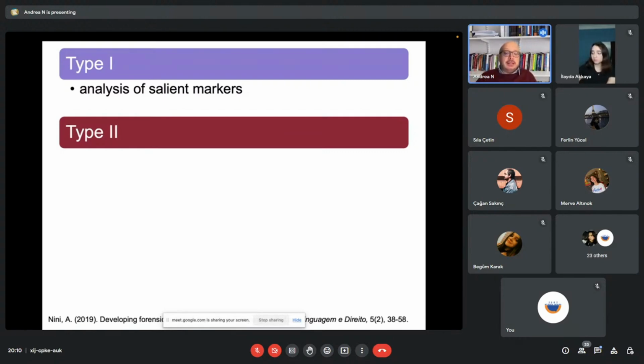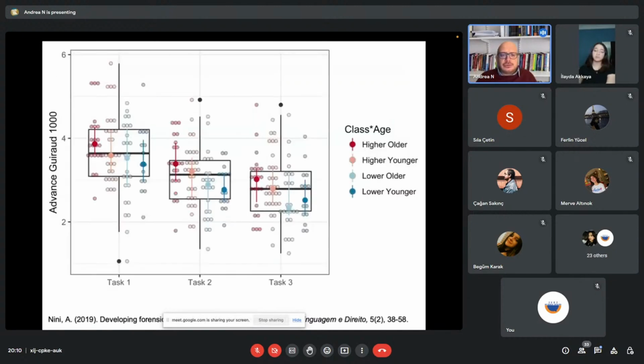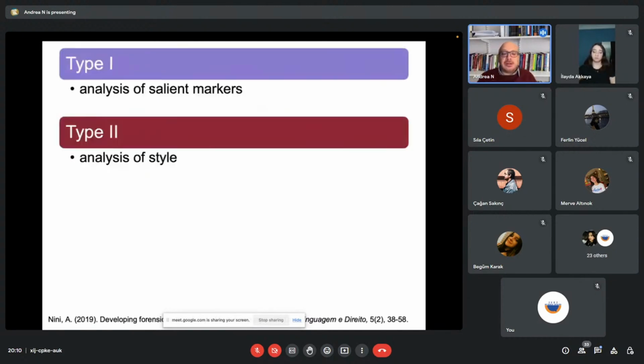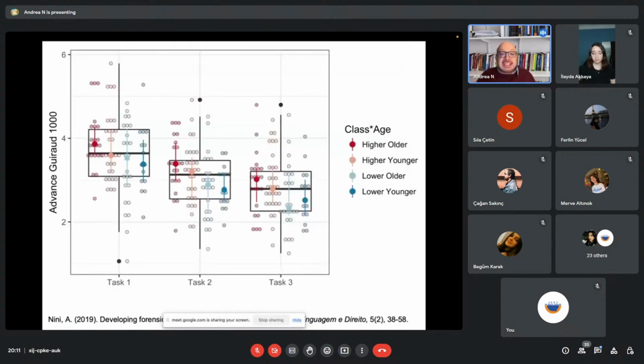Then there is another way to do profiling, and this is mostly focused on the analysis of style. I'll show you an example in a moment, but with this type of profiling, we're not really looking at salient markers, but we are taking in the entire text and analyzing it as a whole. So this is an example of a style kind of profiling.